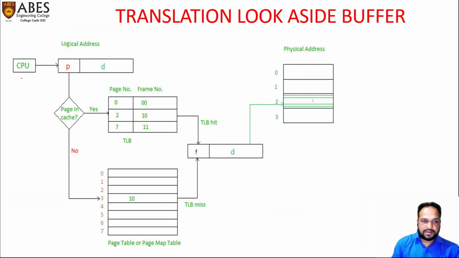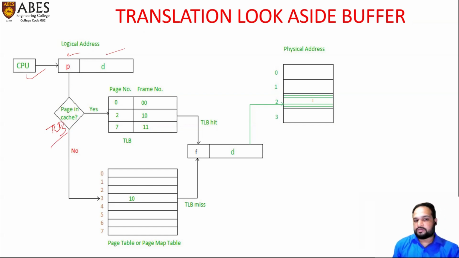As you can see, the CPU generates the logical address, meaning the page number and the offset. That page is checked inside the TLB, whether the page is available or not.